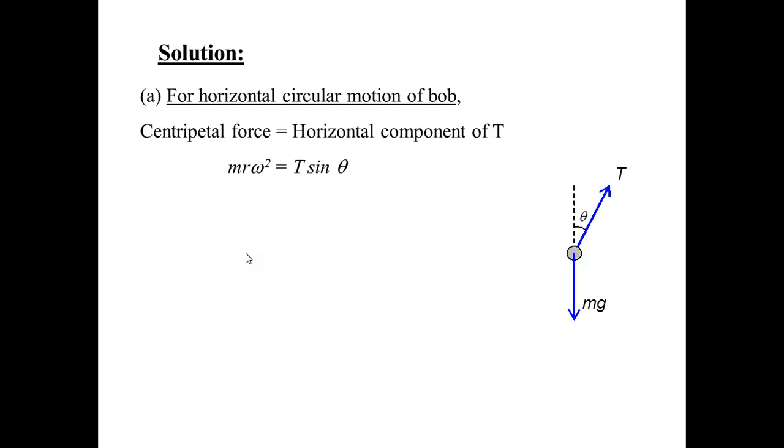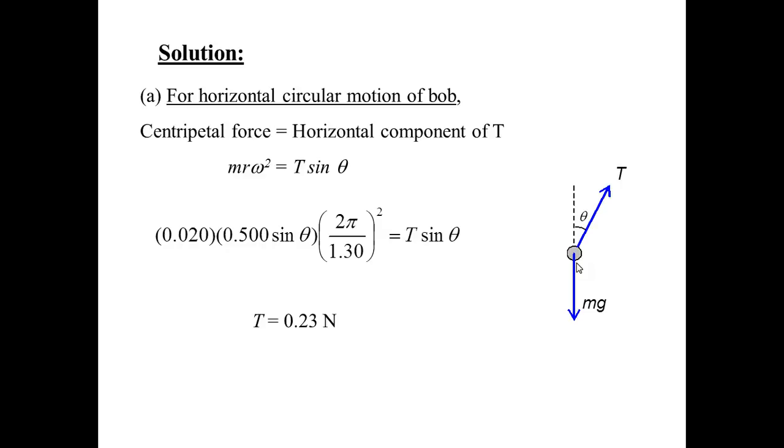The horizontal component of tension T will give you the centripetal force. The vertical component of tension T will balance off the weight, but that one we're not interested in. So let's take a look at the horizontal component. T sine theta will be equal to m r omega squared.